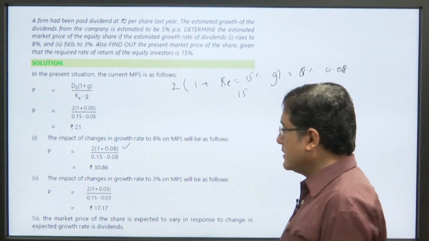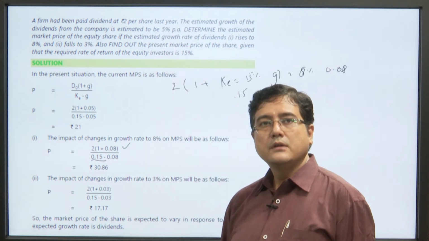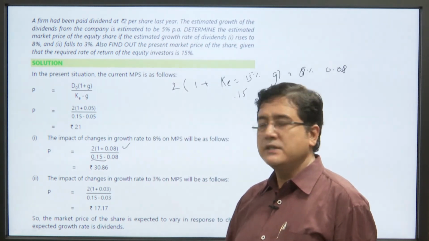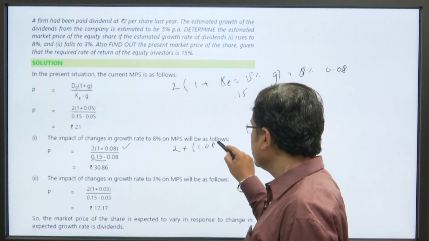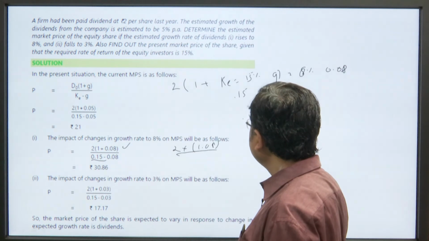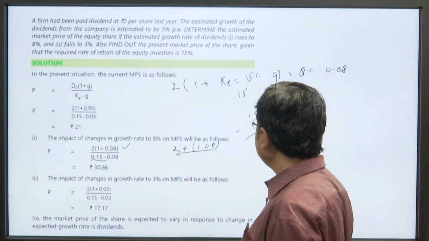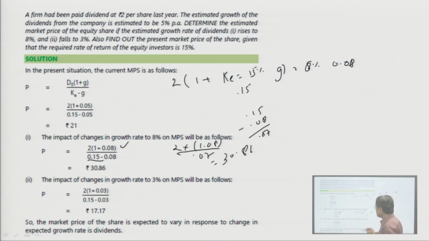So the calculation is 2 multiplied by 1.08, divided by 0.15 minus 0.08, which is 0.07. Our value is 30.86. So, 30.86 is the market price of this share when the growth rate of dividend is 8%.